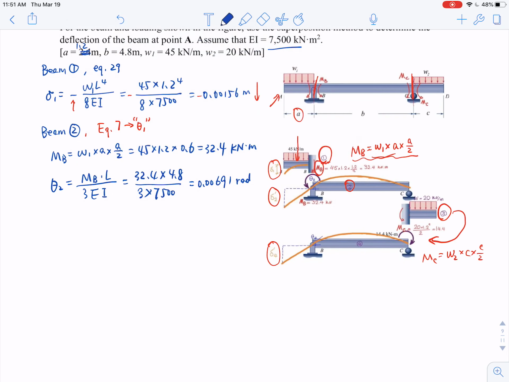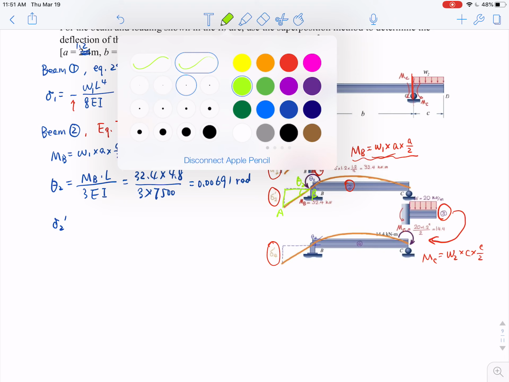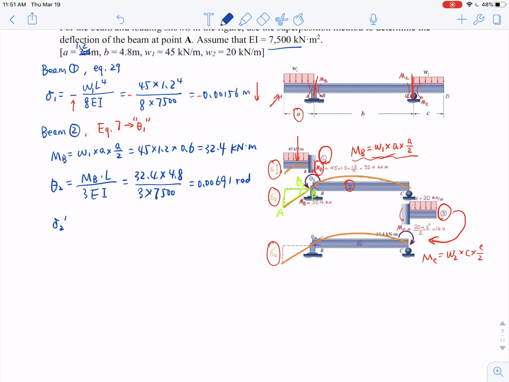Then the component delta 2 prime can be calculated from this triangle here, where the angle equals delta 2, and we have B here and A here. So delta 2 prime can be calculated from AB times delta 2.